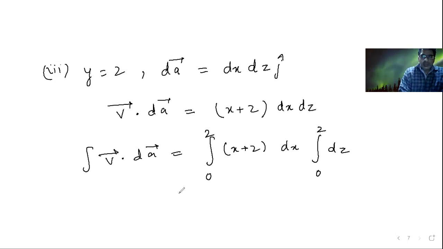So we have integral 0 to 2 x plus 2 dx times integral 0 to 2 dz. When we solve the integral, it will be 12. So for third phase, integral v dot dA turns out to be 12. Now we have fourth phase.